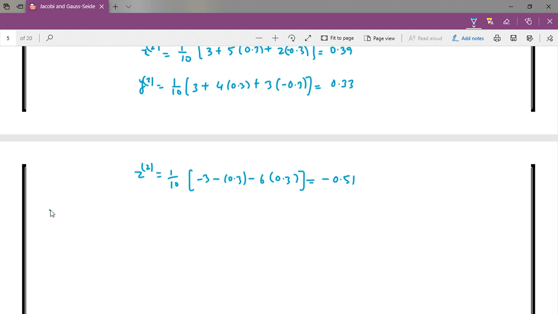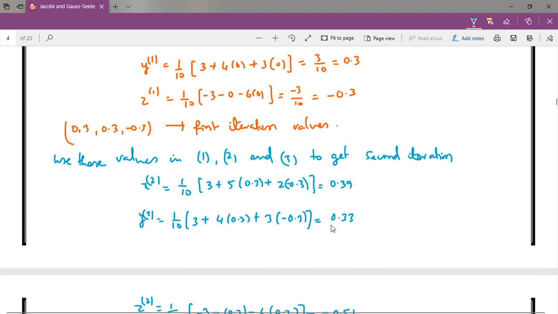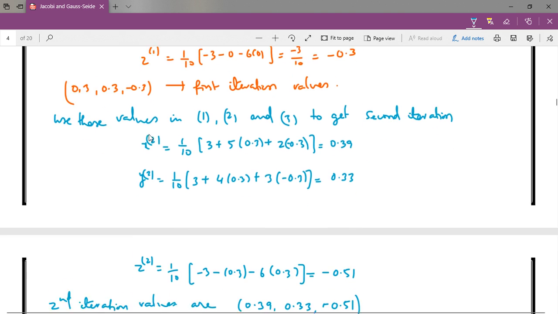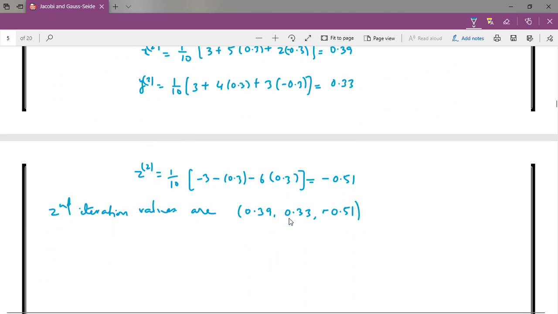So therefore the second iteration values are 0.39, 0.33, minus 0.51. Okay, so these are the second iteration values. So now look at the first iteration values: 0.3, 0.3, minus 0.3, and the second iteration values are 0.39, 0.33, minus 0.51.